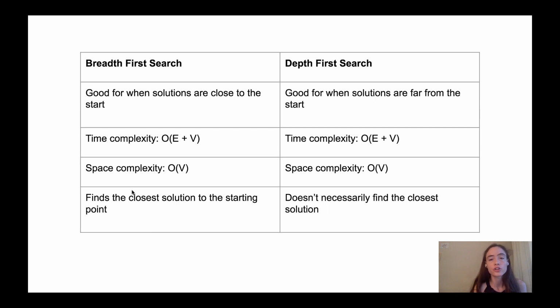But breadth first search will always find the solution that's closest to the starting point, whereas depth first search doesn't necessarily find the closest solution. So next we'll see a different algorithm that actually makes use of graph traversal as part of the algorithm.